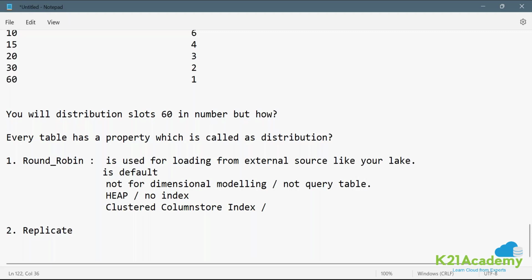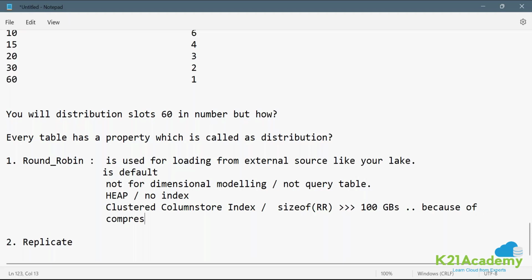So if the size of your round robin table is very high, of the orders of hundreds of GBs, then place an index because you would like to do column store compression, and compression will be beneficial. That's why.